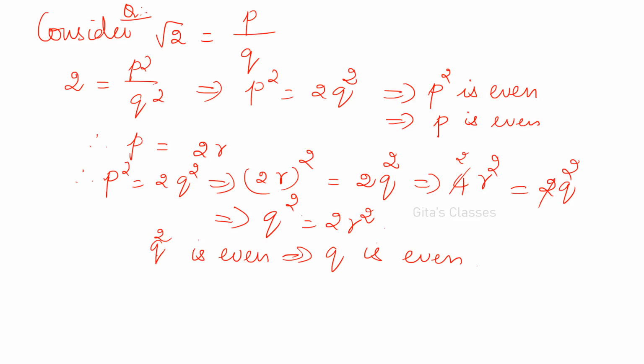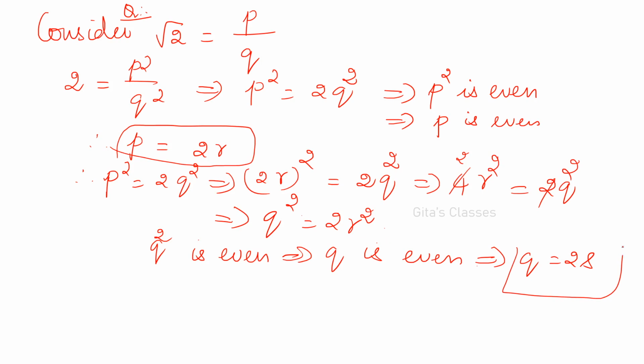q is even, right? So q can be written as 2s, another number 2s, right? So now what have we derived? p is equal to 2r and q is equal to 2s, where r and s are also integers.